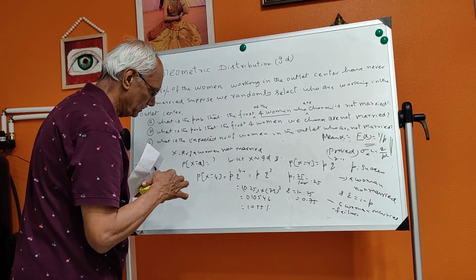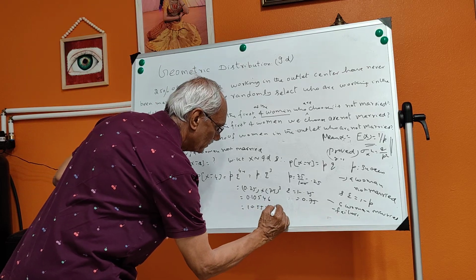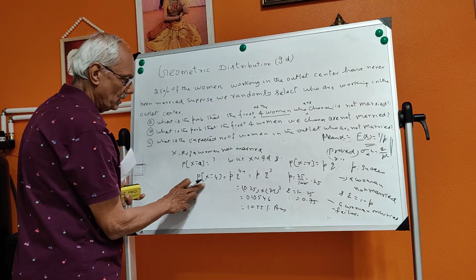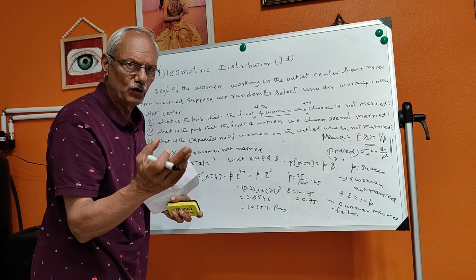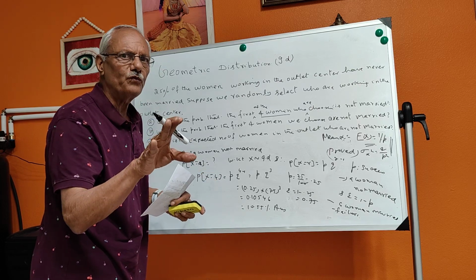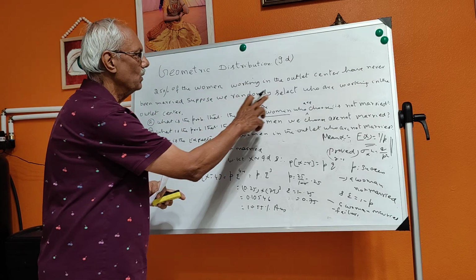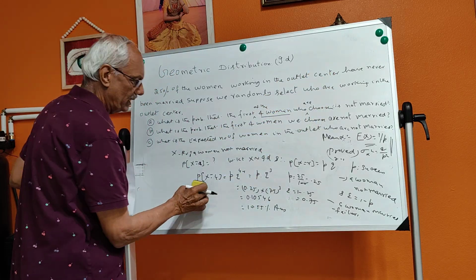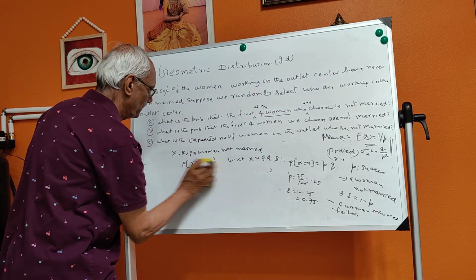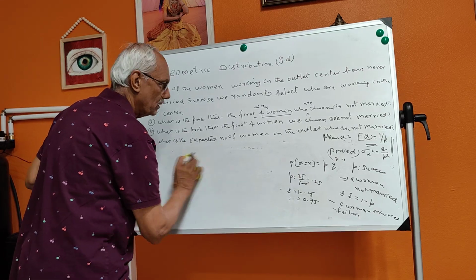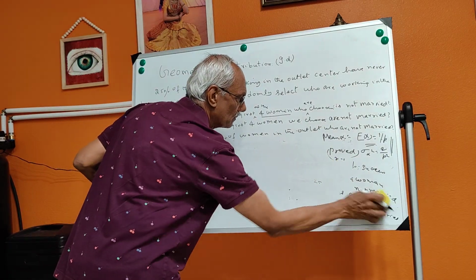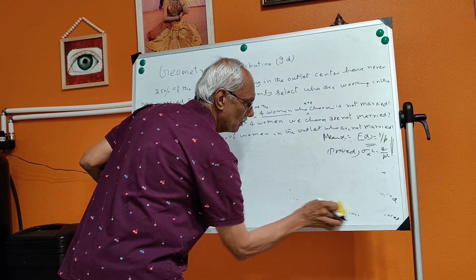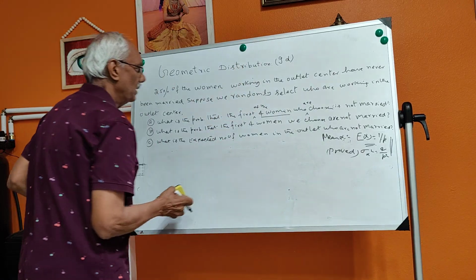So this is the answer: the probability of a woman not married in a selection of 4 women in the outlet center. Now let us move on to the next one. What is asked next?